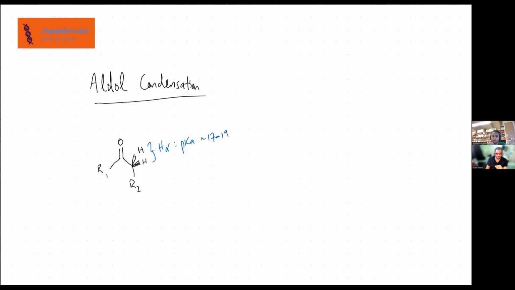So you'll see that strong acid pKa's will be less than 0, negative, and you'll see strong base pKa's be like 50, something like that. So this pKa of 17 to 19 makes it weakly acidic.